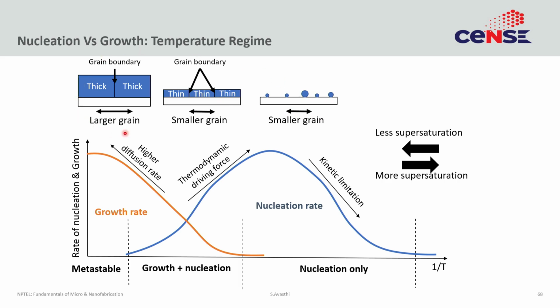And if you try to do growth here and wait for a very long time, then it is possible that you would get a very thick film, a film with a larger grain size, but the growth rate will be very slow.